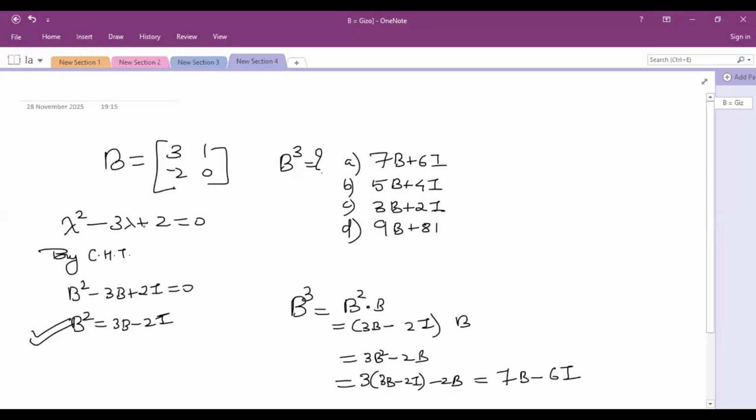Is it plus or minus? Minus 6I. I think the options are wrong. It should be 7B minus 6I.